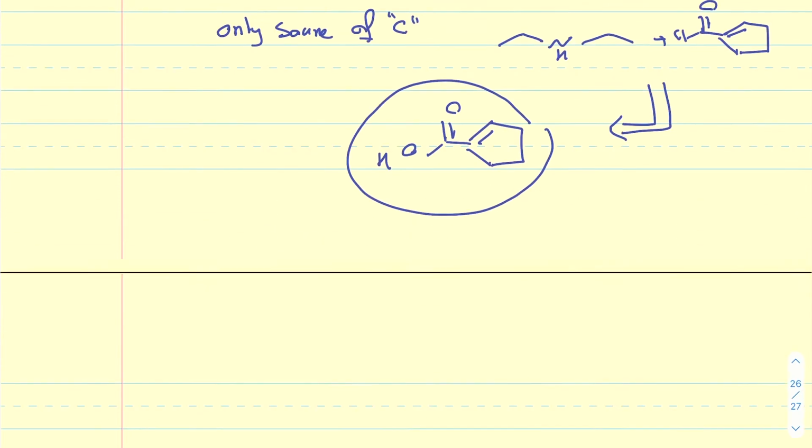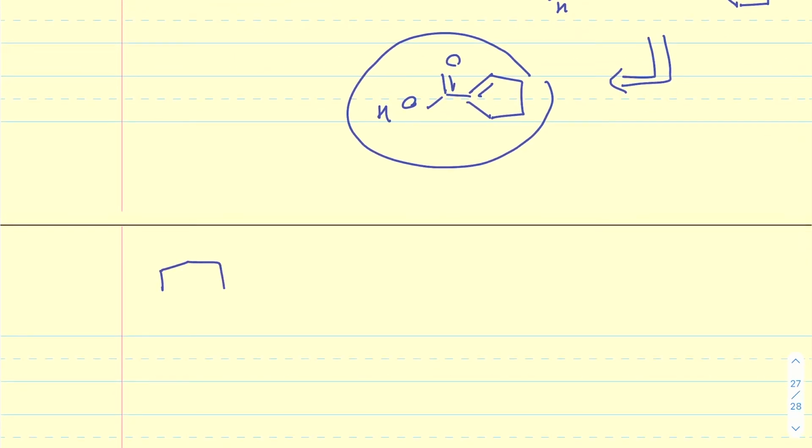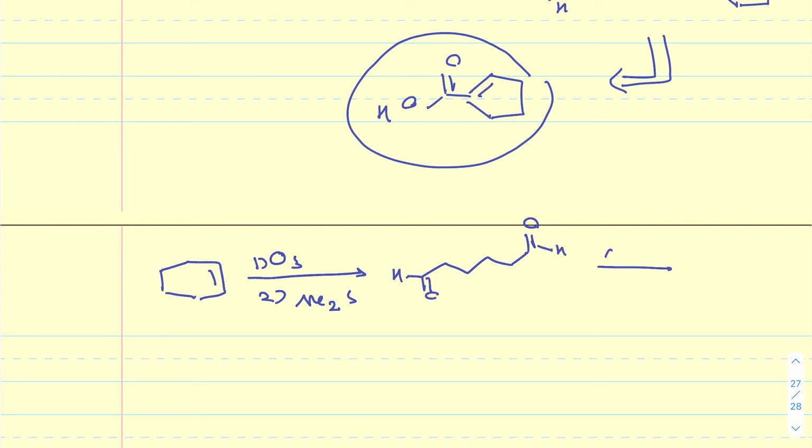Thus I'm going to do an ozonolysis on the starting material, get a dialdehyde, and let that do an aldol reaction with itself intramolecularly and see what that'll give me.